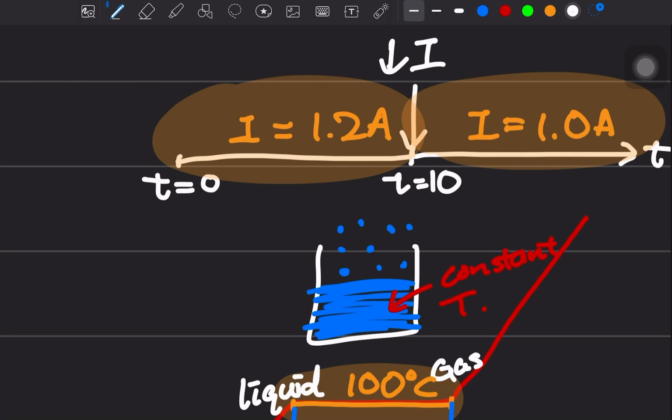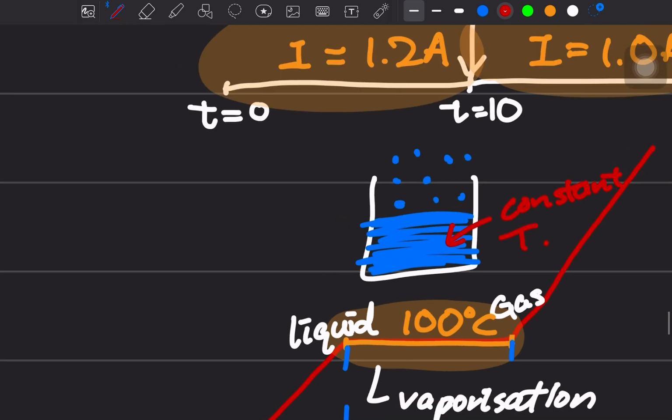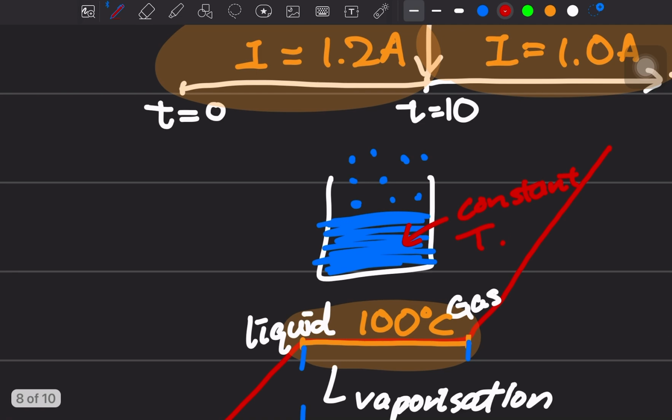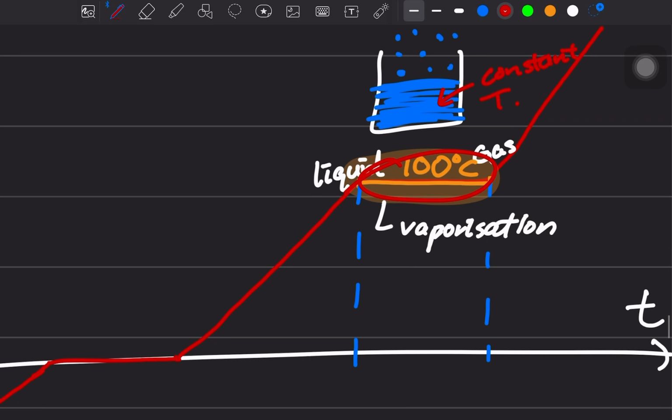Despite there being a heater, for example, still releasing heat to the water, the temperature of the water itself is not being increased because at this point the temperature of the system is constant.